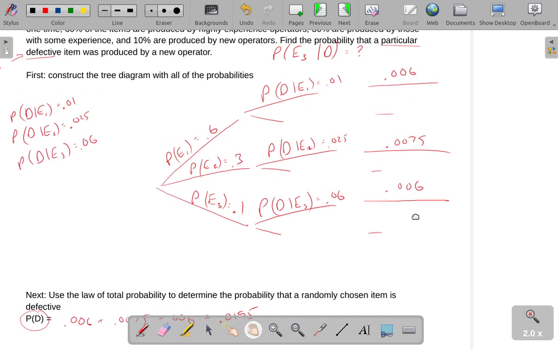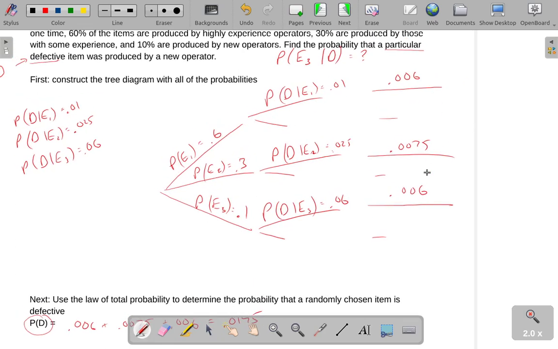Looking at these, my intuition kind of agrees with this. 0.6% of the total items are defective and they come from experienced operators, and also 0.6% are defective and they come from new operators. It's interesting to see that this and this number are the same. That's because the new operators, although they have a higher defect rate, are producing far fewer items.